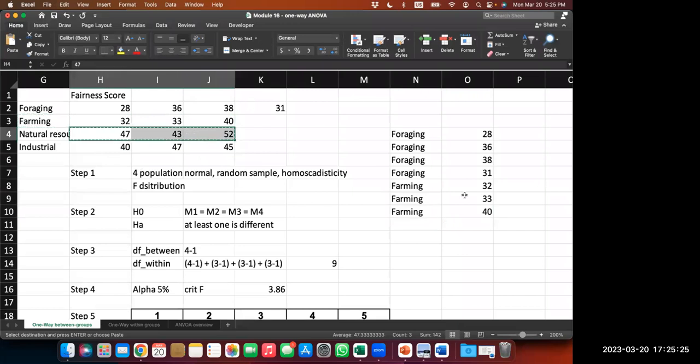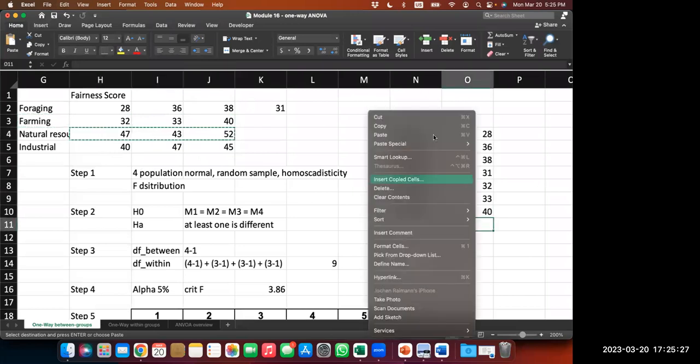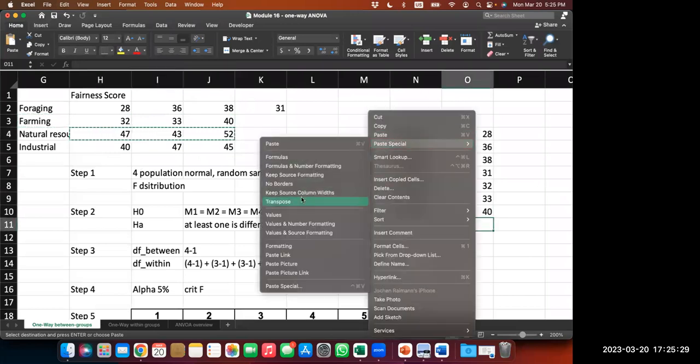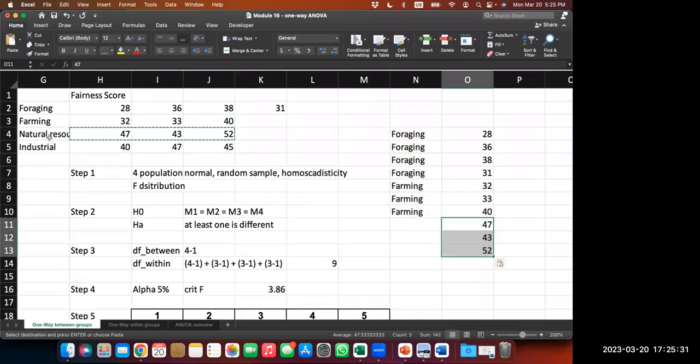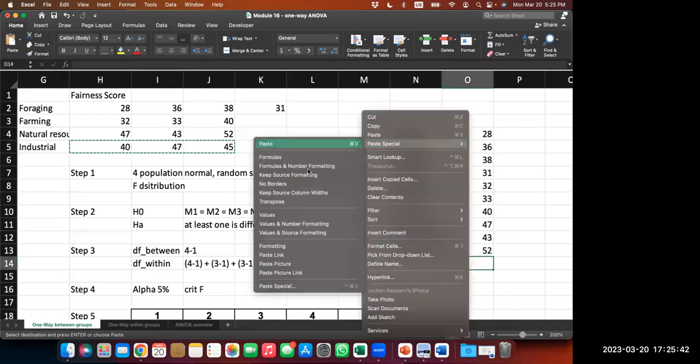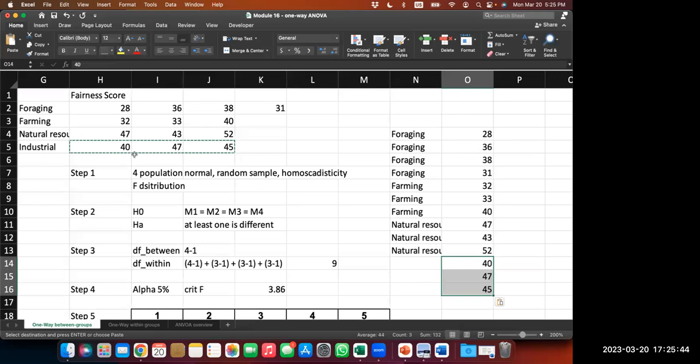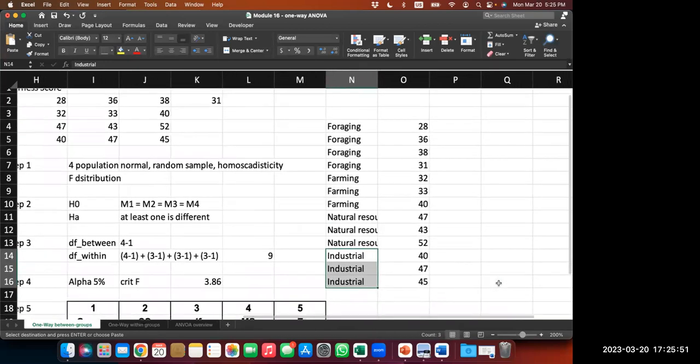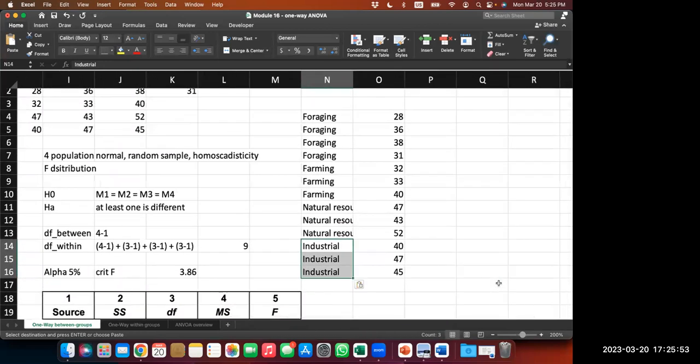Now you select these 3, again paste special, and again transpose it. And you transpose the last ones. That's industrial. So this is how you have brought it from a wide format into long format.